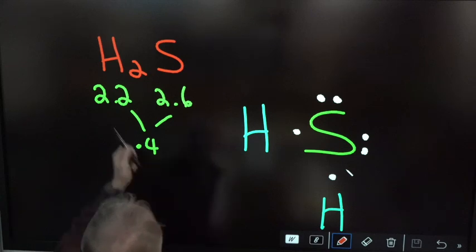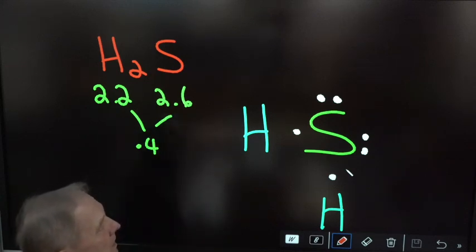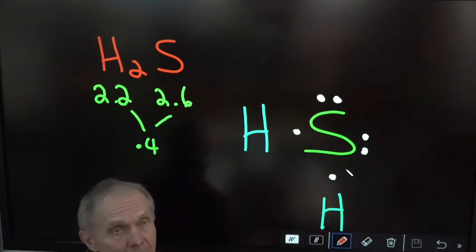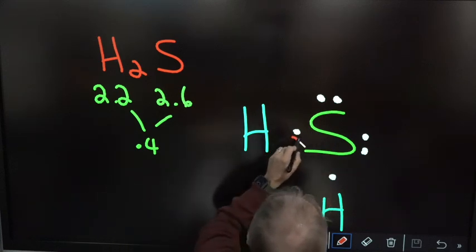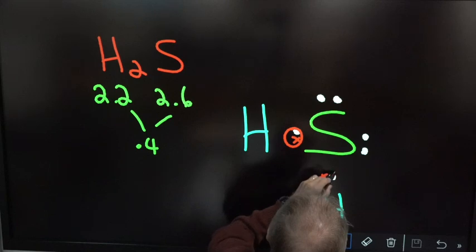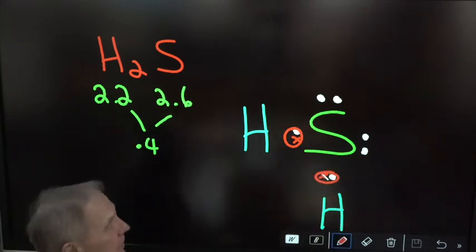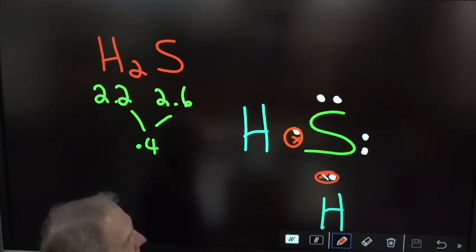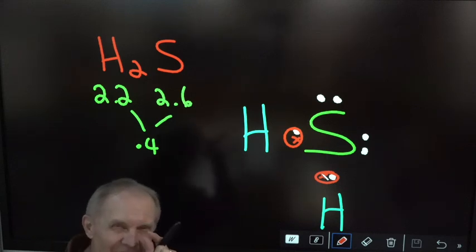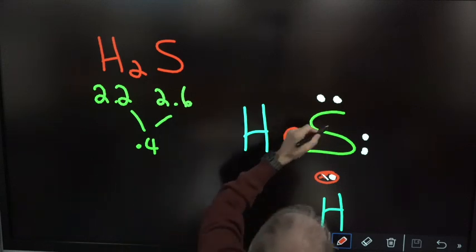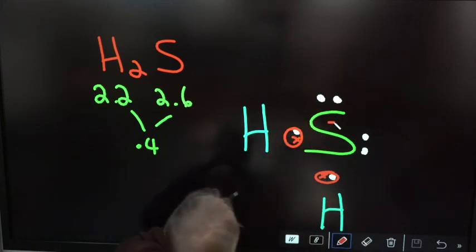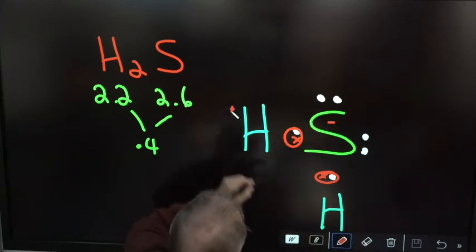Now, since these two are almost the same, they're going to be sharing it a little bit toward the sulfur. Not much, just a teeny bit toward the sulfur, because the sulfur is just a little bit more electronegative than the hydrogen. So sulfur is slightly negative, really teeny negative, and hydrogen slightly positive.